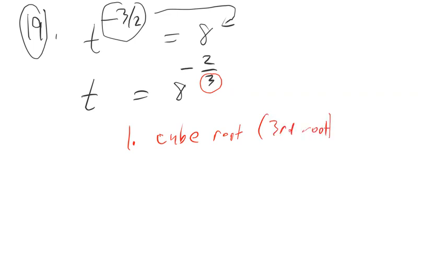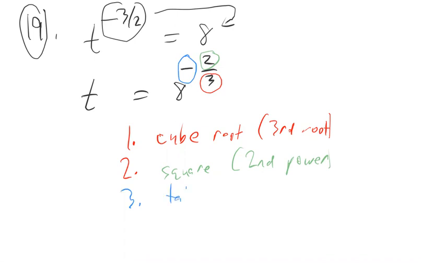Secondly, the top number represents the power, so you'll square it. Another way of saying square is the second power. And then the third step, a negative in the exponent just means that you take the reciprocal.